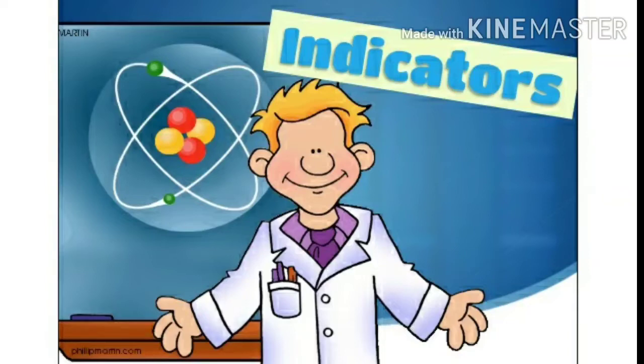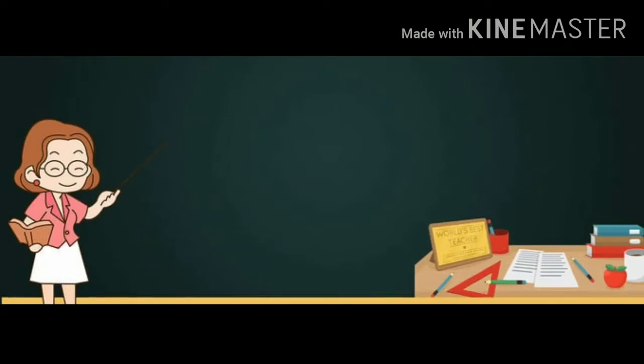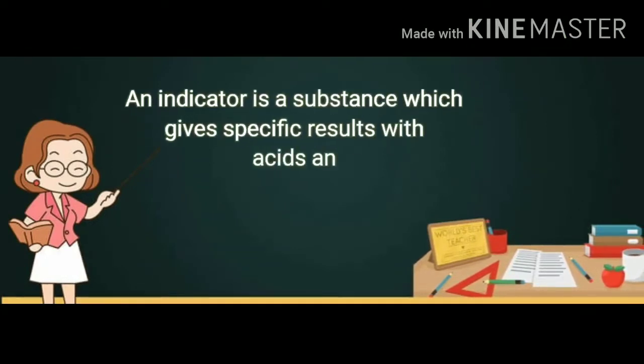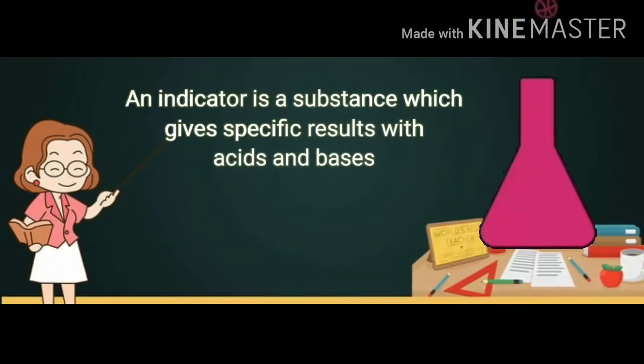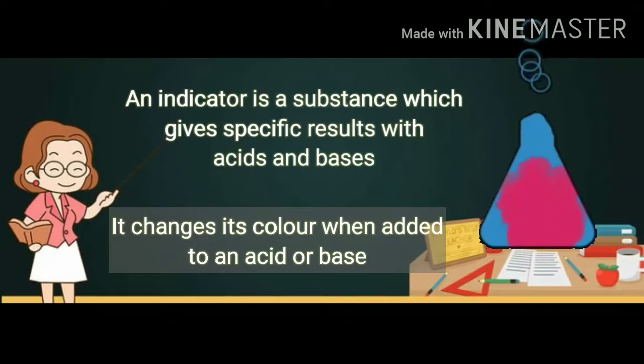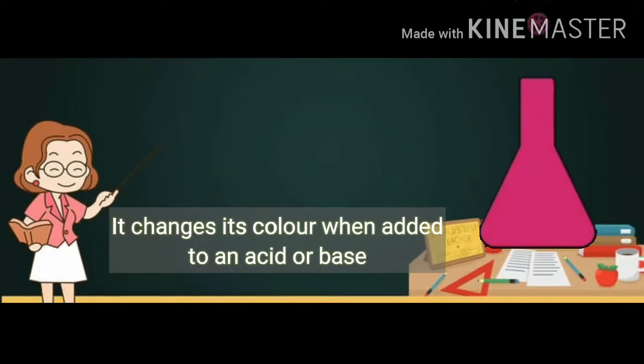So the best method for testing any acid or base is by using an indicator. An indicator is a substance which gives specific results with acids and bases. It changes its color when added to an acid or a base, and it gives different colors with acid and base.